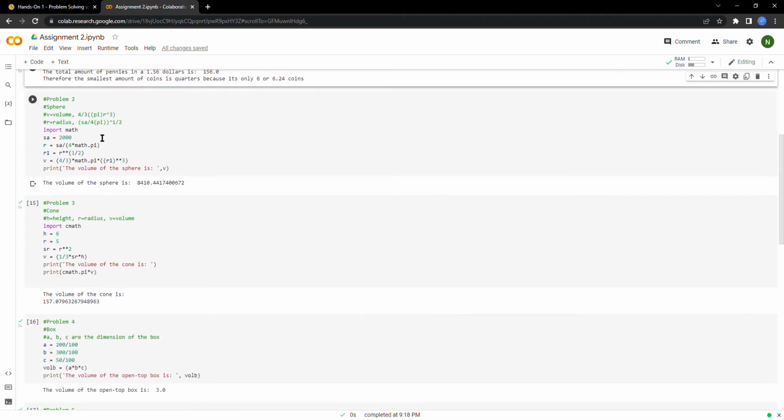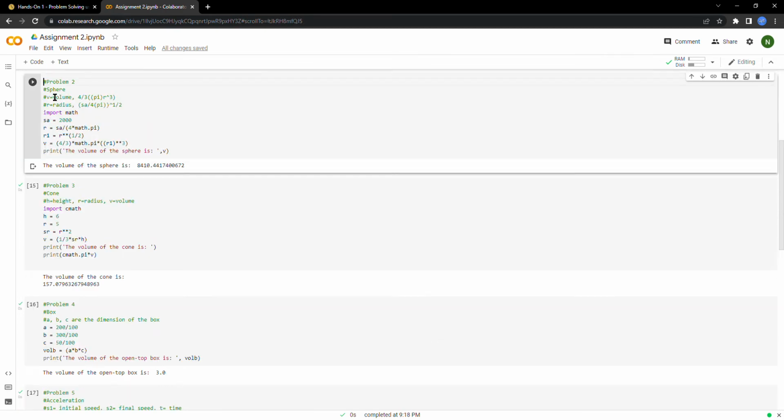Problem 2, sphere. Solving for the sphere, the volume is 4/3 multiplied by pi r cubed. Here we're converting the surface area SA to radius. The radius is the square root of SA over 4 pi.